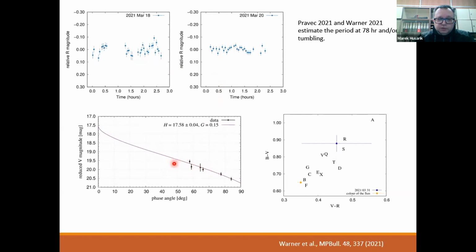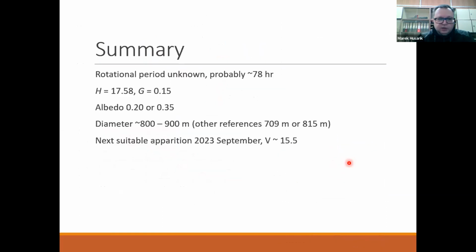From our photometry we calculated the absolute magnitude and that value, and here is a very imprecise estimation of the taxonomy class.